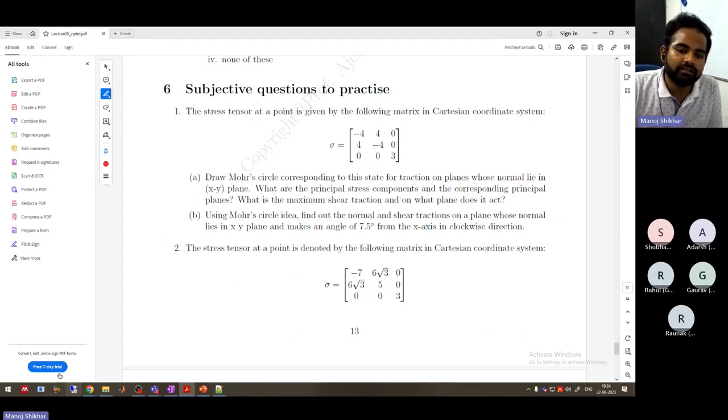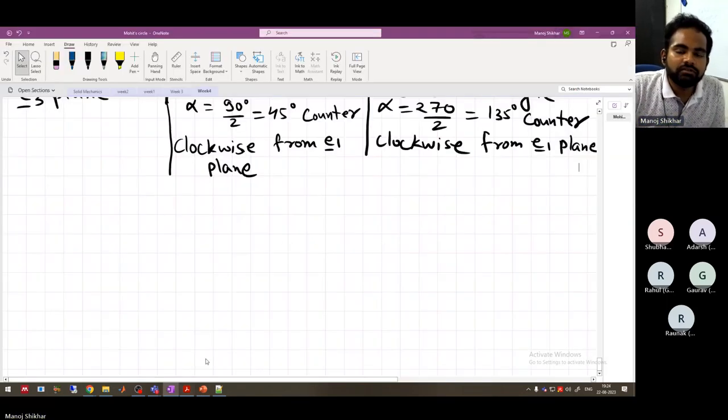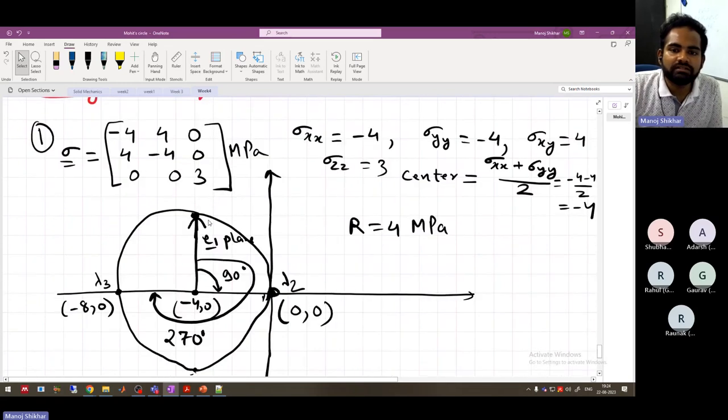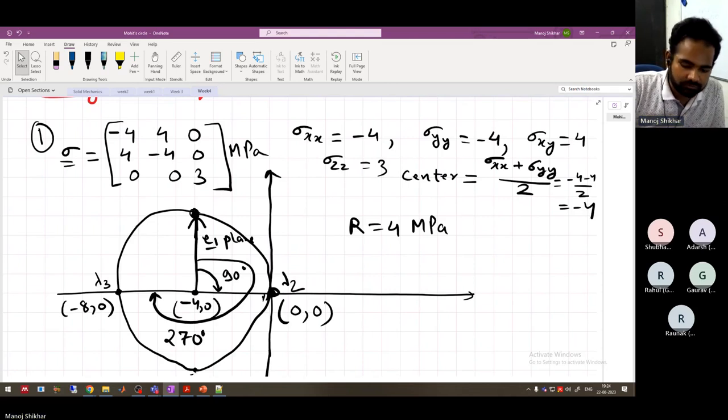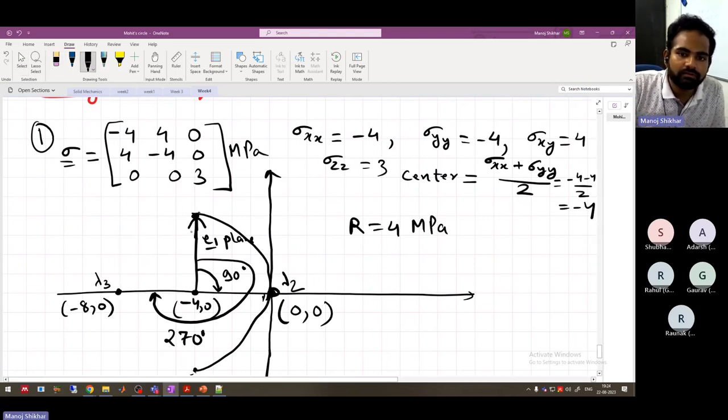What is the maximum shear traction and what plane does it have? You can see maximum shear traction is at this point only. This is the point of maximum shear stress, though it doesn't look like it in the picture, so maybe I can redraw the picture.